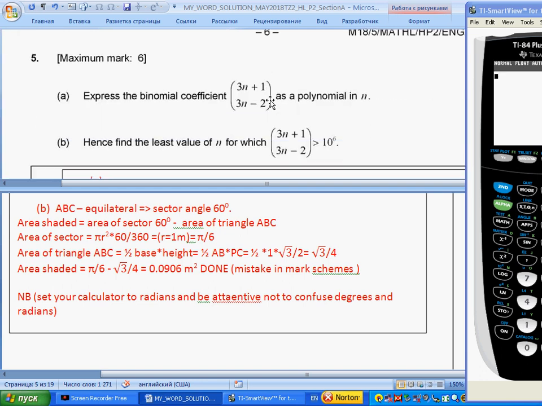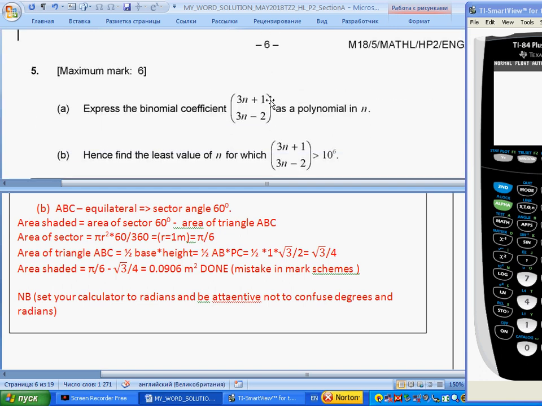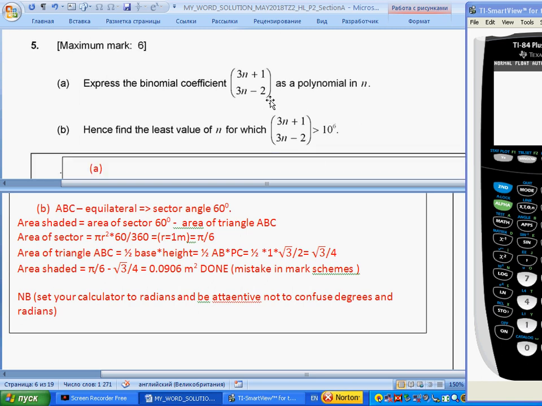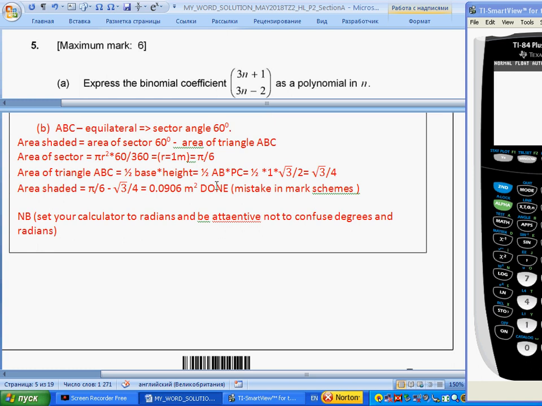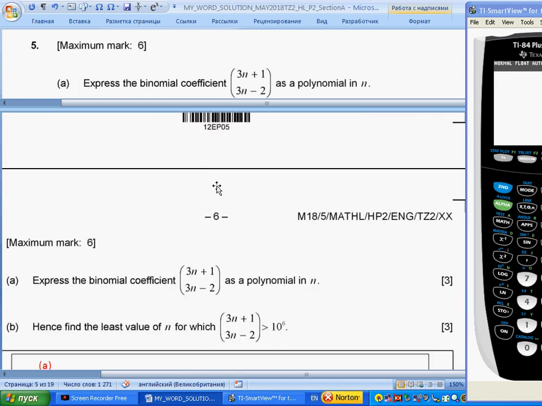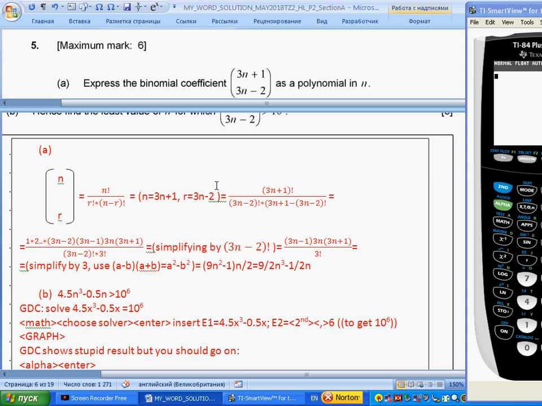Now question 5. Express this as a polynomial. Here we just use the standard formula. We substitute 3n plus 1 instead of n, and 3n minus 2 instead of r.